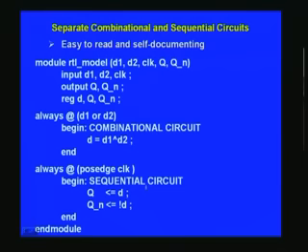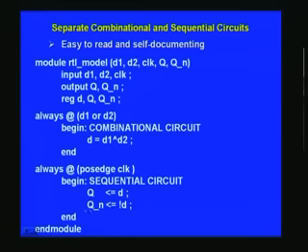As a designer, you have to know the limitations of the tool and then find ways and means to circumvent those limitations. One way is to not put this statement here and instead use an assign statement outside, saying assign q_n equal to exclamation mark d, or you can even put a tilde here, a sine wave like pattern.